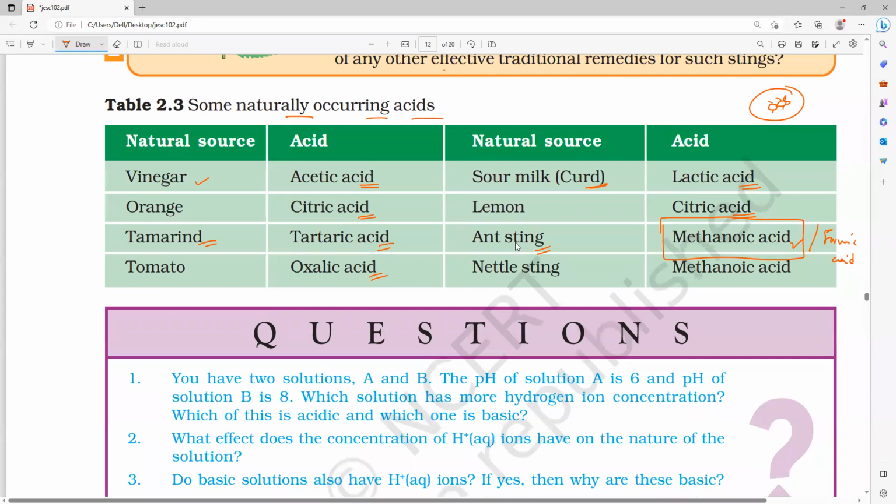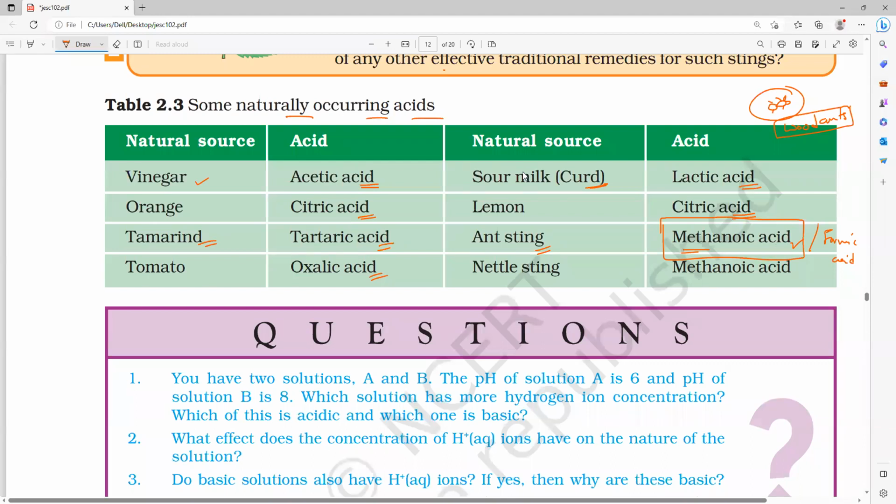These wood ants secrete formic acid, and normal small red ants, which we find in daily life, secrete methanoic acid. Mainly the wood ants do this to escape from predators. It is very painful. We mainly find them in mango trees during the mango crop season. That is what you have to remember.